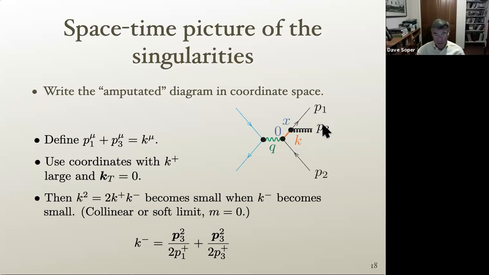So it's P perp 3 squared over P1 plus, since P perp 3 and P perp 1 are opposite in this reference frame, plus P perp 3 squared over P3 plus. So the lesson is K minus is getting to be small in this collinear limit.